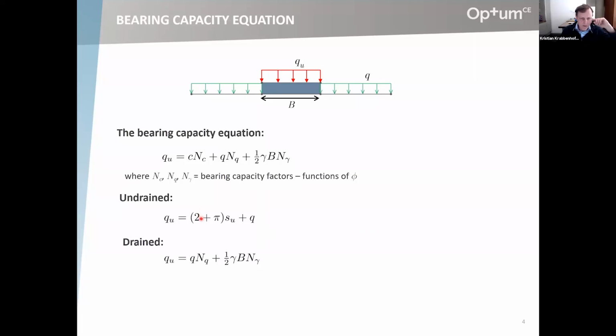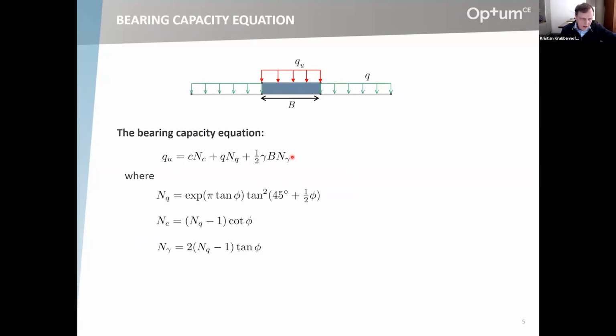For undrained analysis, N_gamma is 0 because the friction angle is 0, N_c is your famous 2 plus pi, and c takes the place of the undrained shear strength. Then there is the drained equation, where usually c is assumed 0. I will mostly refer to just the full one.